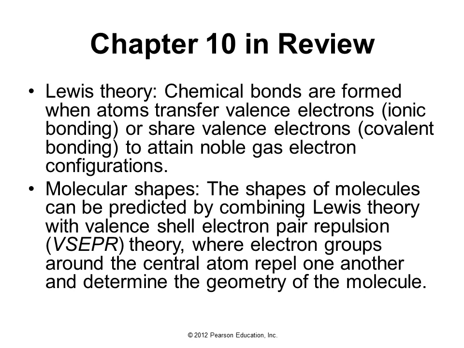So briefly, Chapter 10 in review: we learned about Lewis theory and writing Lewis dot structures and seeing how bonds are formed. We know there are two kinds of bonds, the ionic bond and the covalent bond. And we know that atoms act so as to obtain noble gas electron configurations or have complete octets.